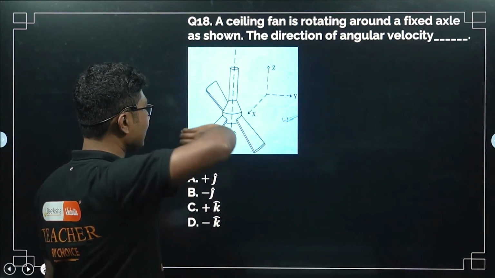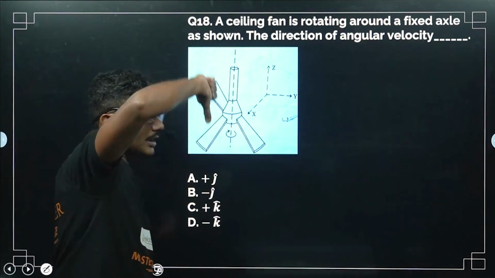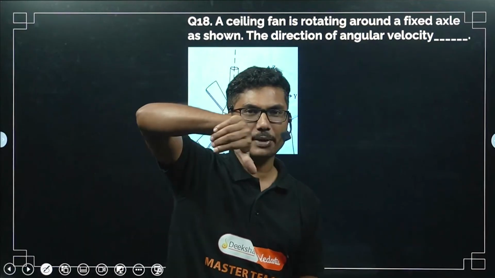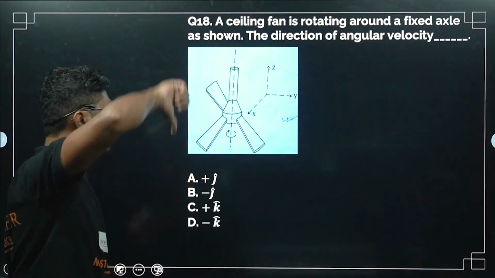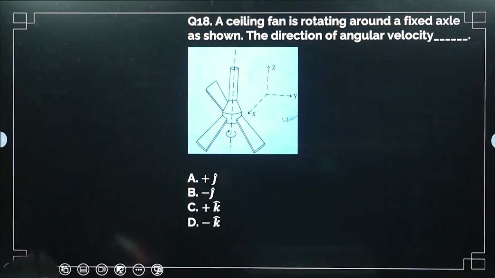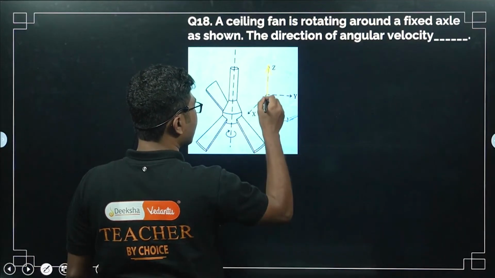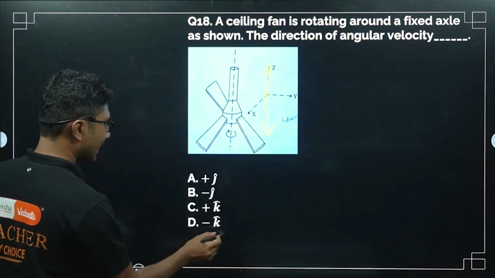So in this case, it is rotating inside the page. So inside the page means your thumb is pointing downward. This axis is given as the z axis. So it should be along the negative z axis, that is minus k.